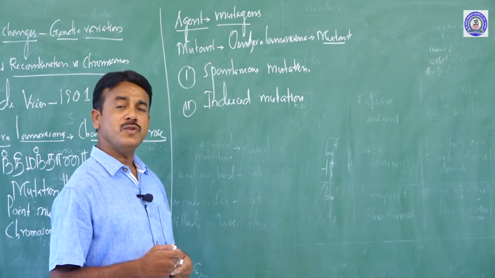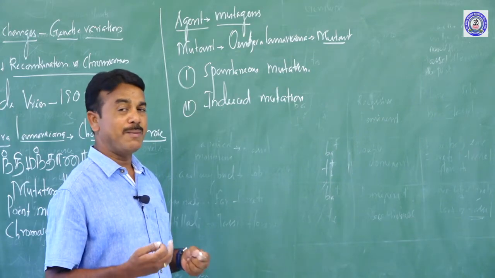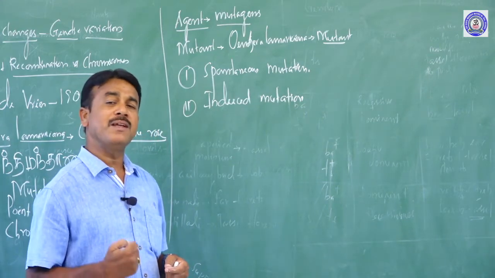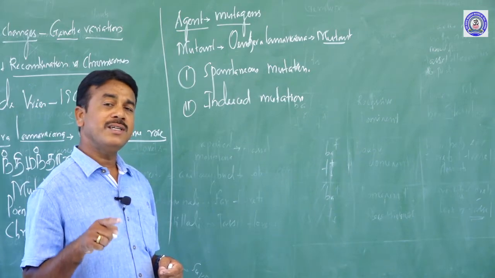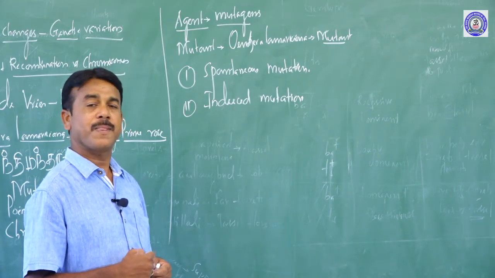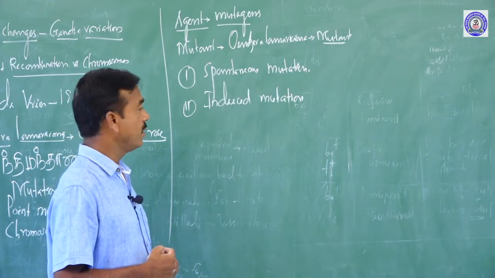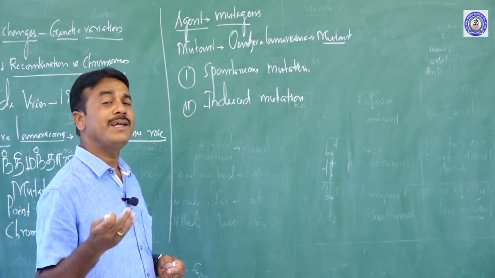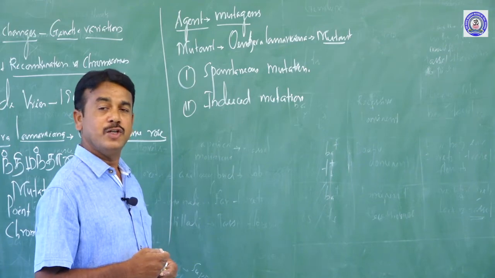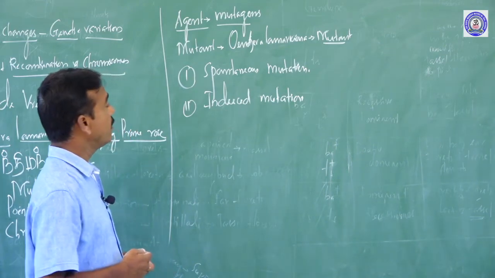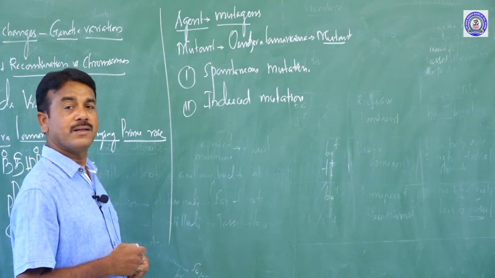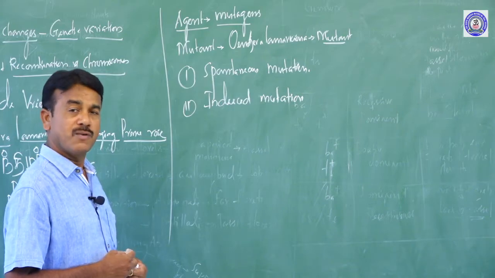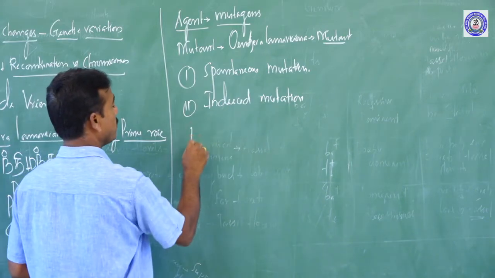What is called induced mutation is man-made. The mutation that is created by ourselves, or by some substance that is utilized to create mutation, is commonly called induced mutation. So here I have already indicated to you the types of mutation. Now go to the first one, commonly called point mutation.